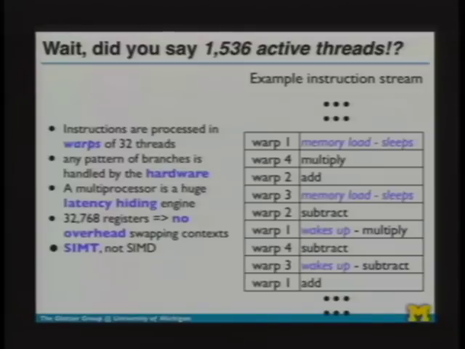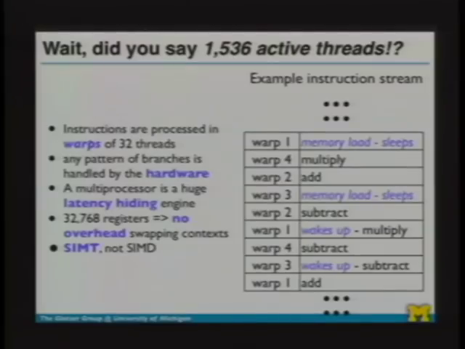Maybe another warp comes in, makes a memory load request, so it goes to sleep. This warp comes back online and does a subtract. And now the memory load that was issued up here arrives. And so that first warp can wake up and actually perform the operation that required the memory.